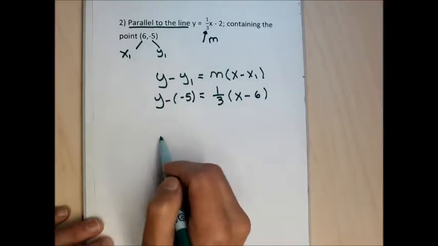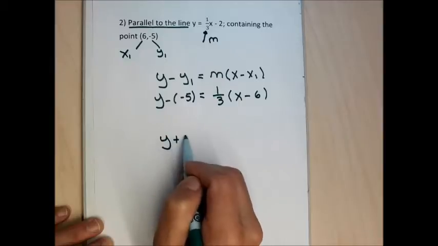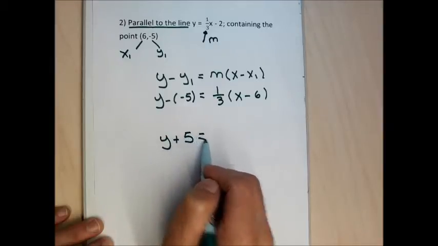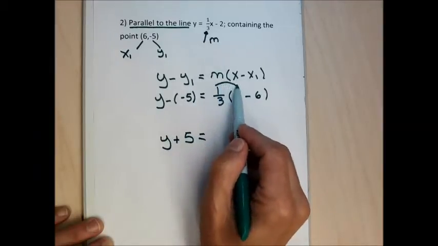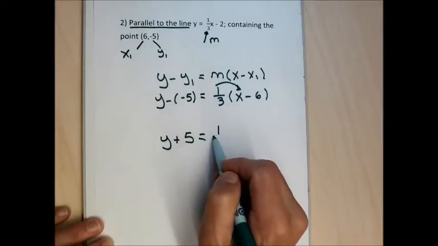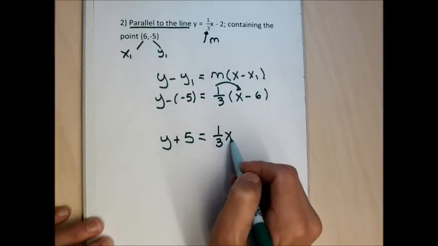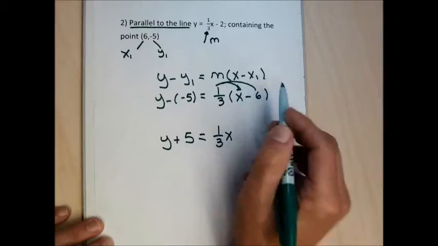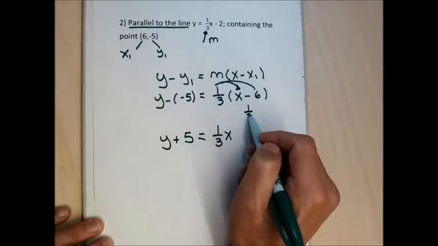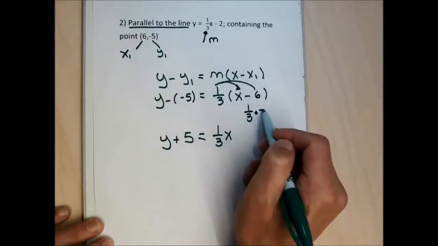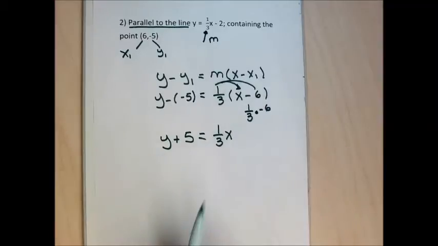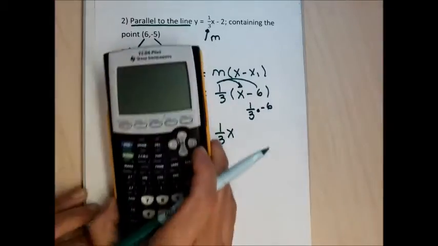Clear the double negative on the left side to get y plus 5. Clear the parentheses on the right side. I'm going to go 1/3 times x, and that's easy multiplication. That's just 1/3 x. The second multiplication is a little bit harder. When I do 1/3 times negative 6, I can do that on my calculator if I'm not comfortable doing that.